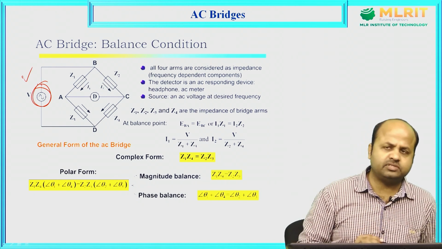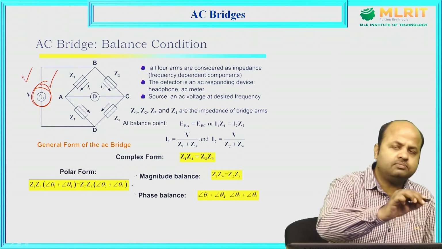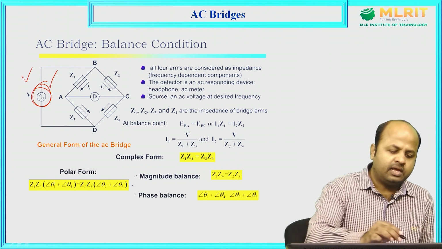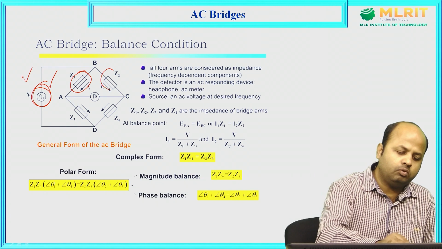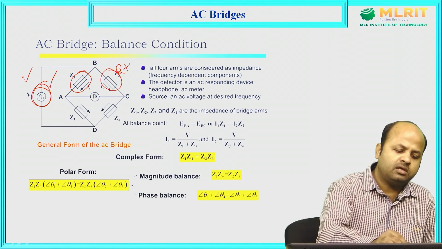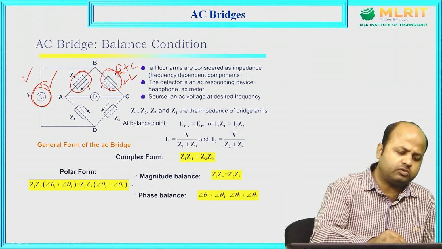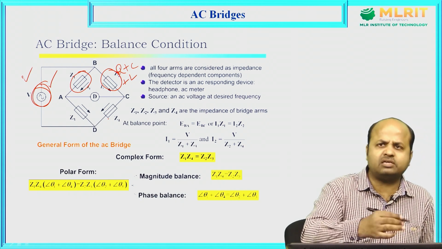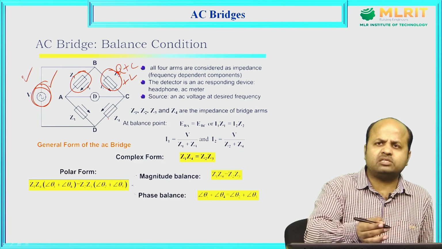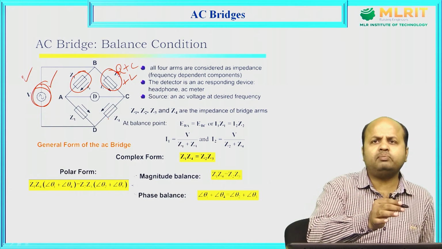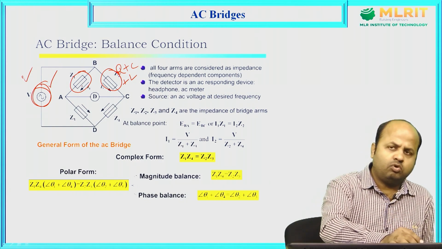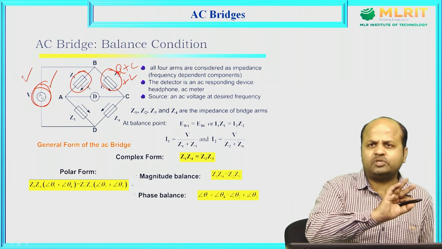The construction of AC bridges is similar to DC bridges. The only difference is that you have to apply an AC voltage source, and in the components you might have some resistor, capacitor or inductor, anything. Z1, Z2, Z3, Z4 may consist of inductor, capacitor, resistor or anything. But in DC bridges we have seen that only 4 resistors are there, no capacitor, no inductor.